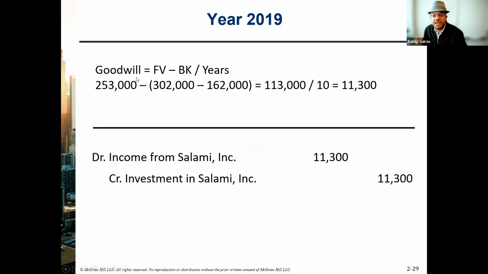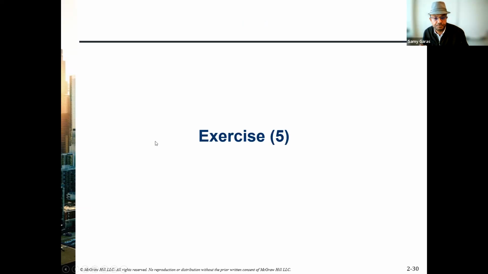We take the fair value of the building and we take the net book value of the building and equipment. So we subtract here, this is the cost of the building and equipment minus accumulated depreciation. The difference between them will be 113 divided by 10, we get 11,300, and this would be the amortization of the difference for the first year.